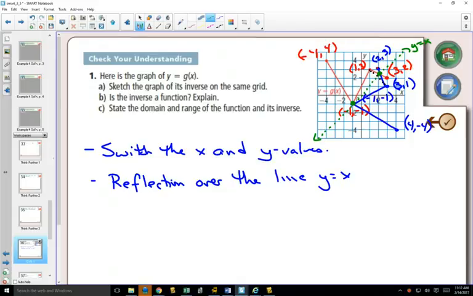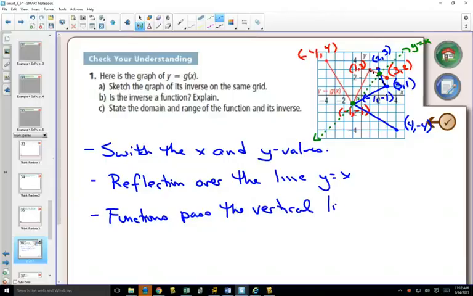Now for part B, is the inverse a function? How do we tell if something is a function or not? What do we know about functions? Functions pass the vertical line test. So is ours a function?